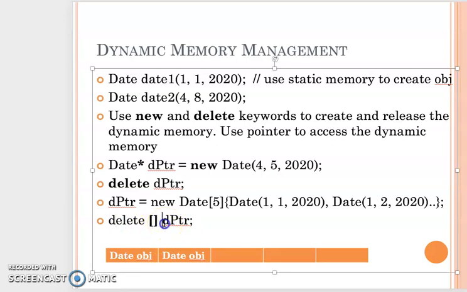If you don't have the array symbol, they only release the first one. But if you use the array symbol, they will release the whole thing. That's how you use the delete keyword to release a pointer that refers to an array memory location. So that's dynamic memory allocation.